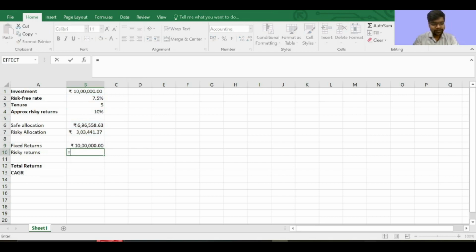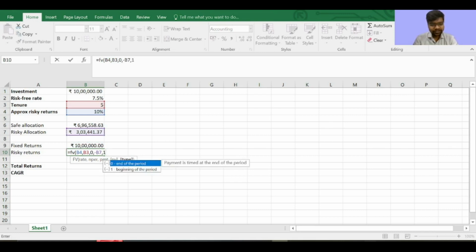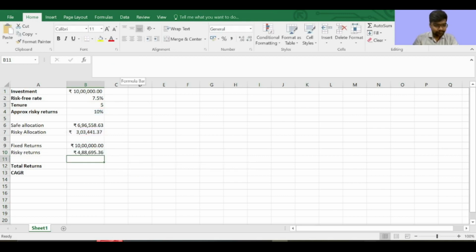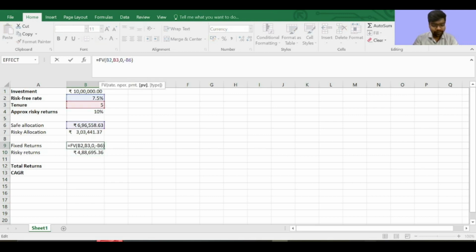And for risky, we can see our future value by going for the risky rate, the number of periods, 0, present value is minus 3 lakh rupees. Oh, and also the type will be beginning of the period since we are investing at the beginning, and even over here it will be begin.